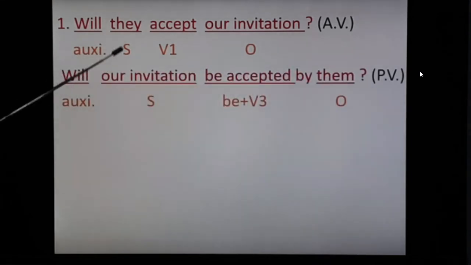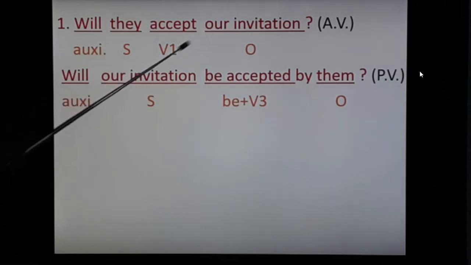Next, here is how to turn this active to passive. First the object, our invitation, but we are framing an interrogative sentence, so the auxiliary or helping verb will come first. According to our invitation, you have to put the appropriate auxiliary verb. That's why will is given. Then our invitation will come.